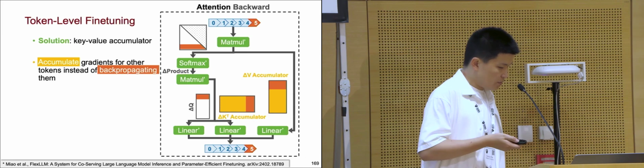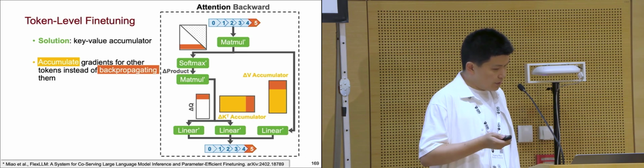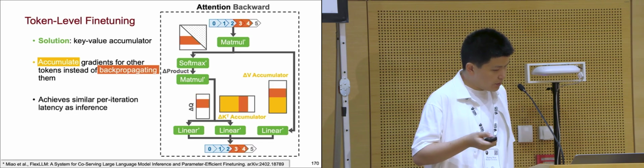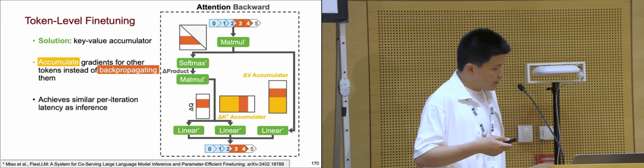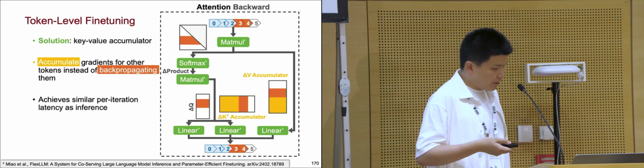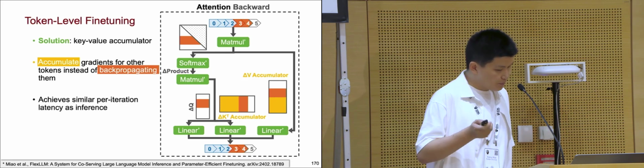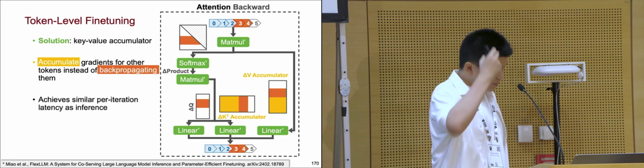To solve these problems, we propose token-level fine-tuning and graph pruning. Eventually, by introducing FlexLLM, we can achieve a pretty low per iteration latency like inference, while also finishing the fine-tuning process. So let's start from the first technique.